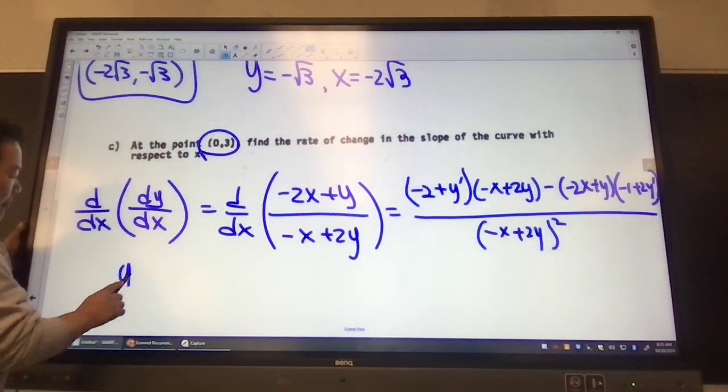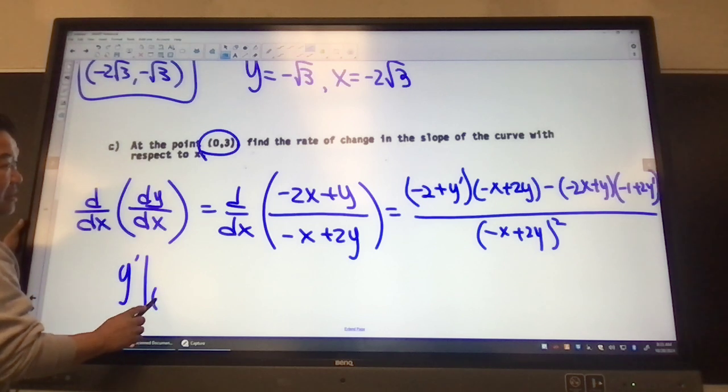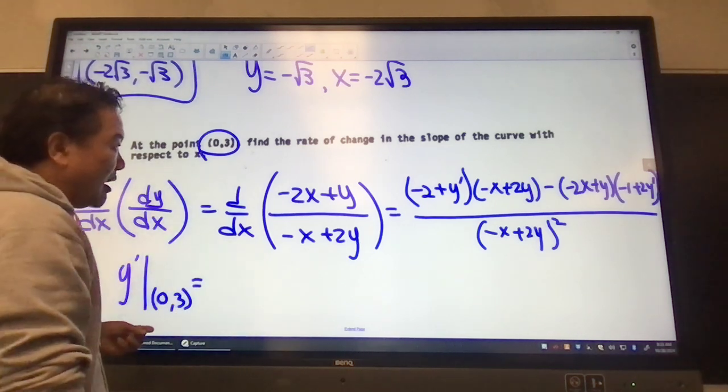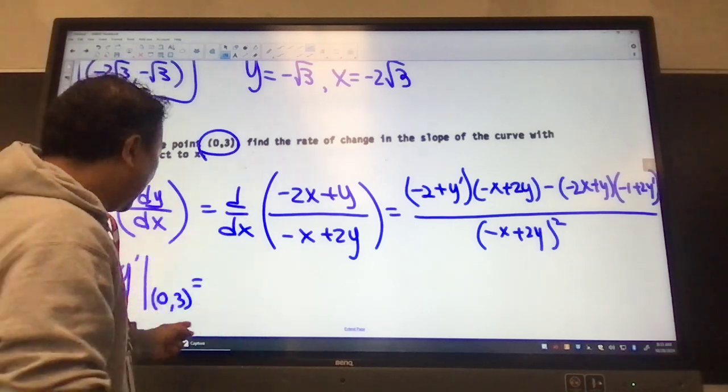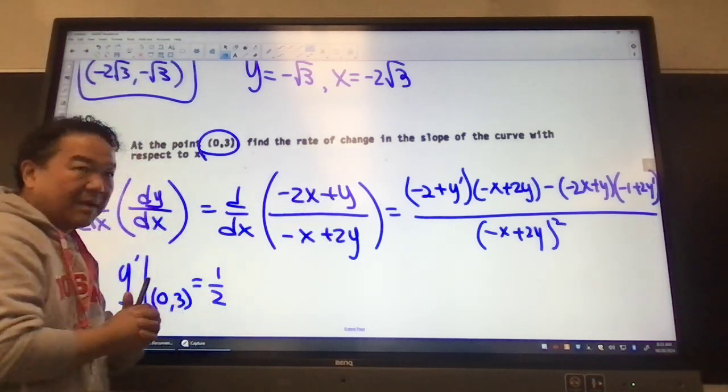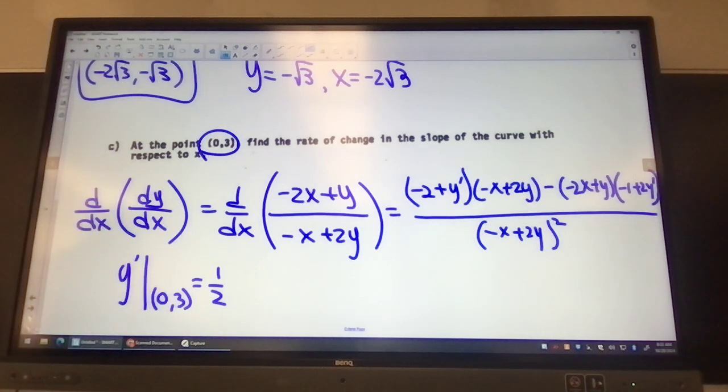So what is y prime at the point (0, 3)? Our x value will be equal to 0, and y value is 3, so we get 3 over 6, which is 1/2. How about that, guys? Would you agree? Then let's plug in everything and see what we end up getting.